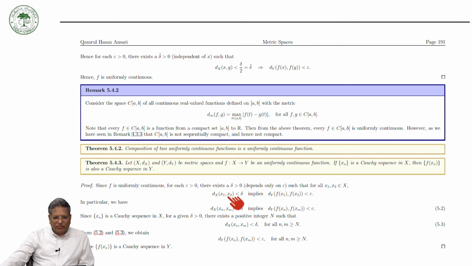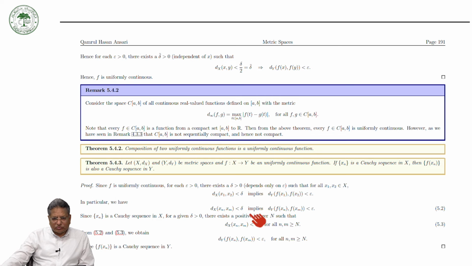In particular, we can take x_n and x_m, so d(x_n, x_m) less than delta implies that d(f(x_n), f(x_m)) is less than epsilon. And now since x_n is a Cauchy sequence, for every given delta greater than 0, there exists a positive integer N such that this condition holds good.